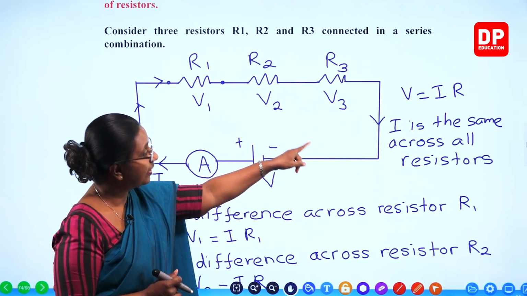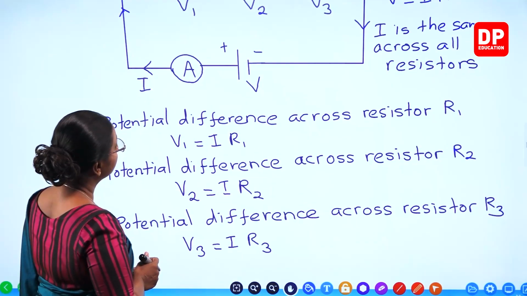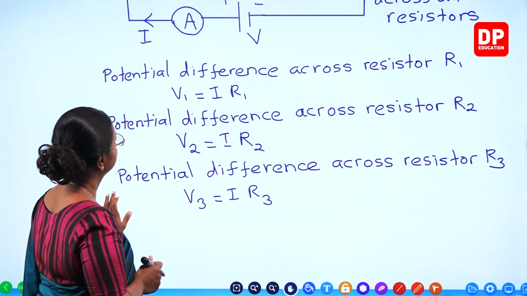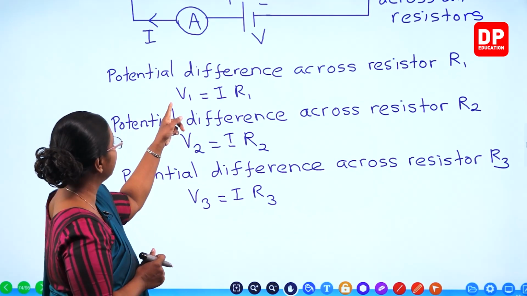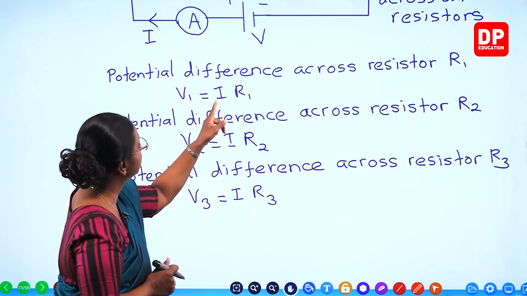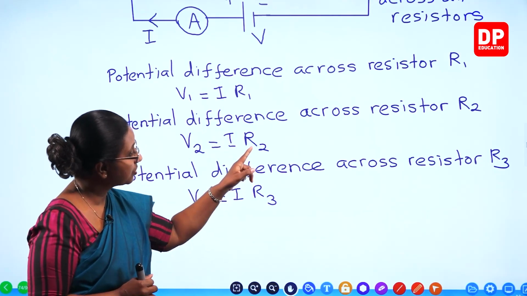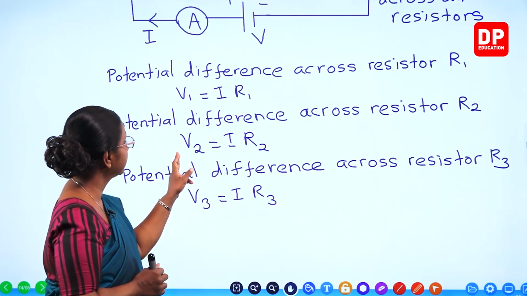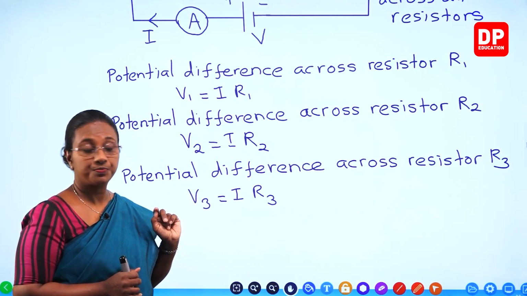Then from the equation of Ohm's law, V equals IR, we come to these three equations. Potential difference across resistor R1 will be V1 equals I into R1. Potential difference across resistor R2, V2 equals I into R2.